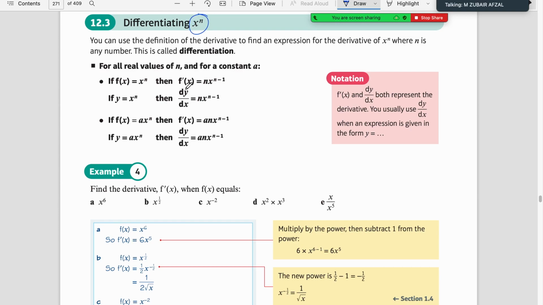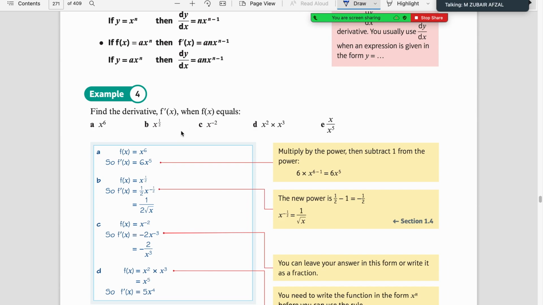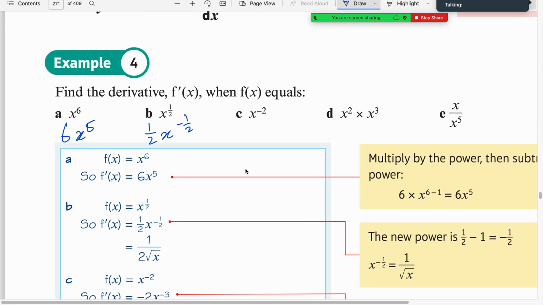Differentiating x raised to power n, we just covered it indirectly. Find the derivatives f dash of this. So 6x is 6, x to the power 6 is 6x5. This is 1 by 2 x raised to power minus 1 by 2. We subtract 1 from the power. This is minus 2 x raised to power minus 3. When you multiply both of these, this becomes x raised to power 5, and then you differentiate it, this becomes 5x4.